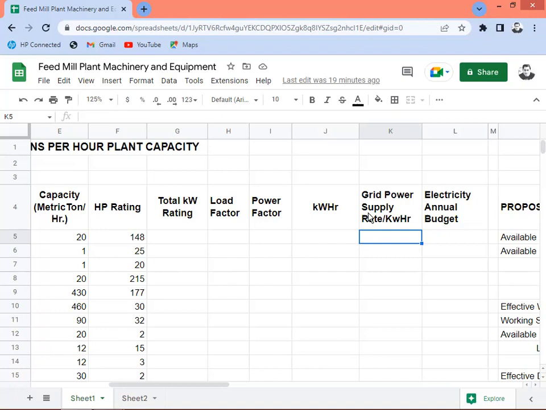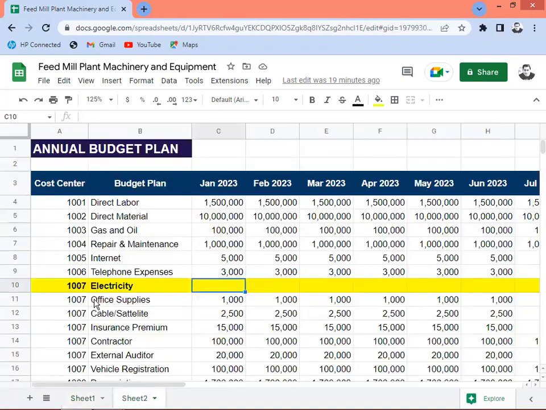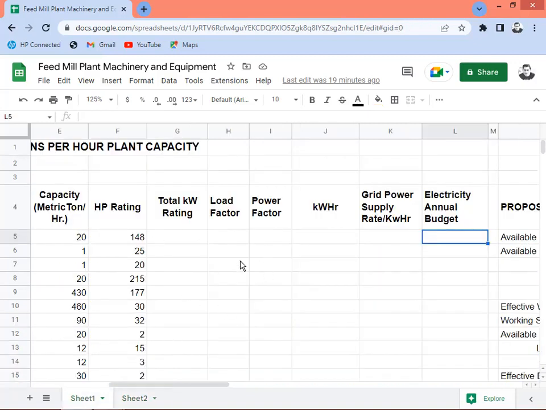Then the electricity annual budget. This is the one that is going to the other sheet that I have shown you earlier, because I have left this blank. We're going to have that by doing all these calculations that we have in these sheets.